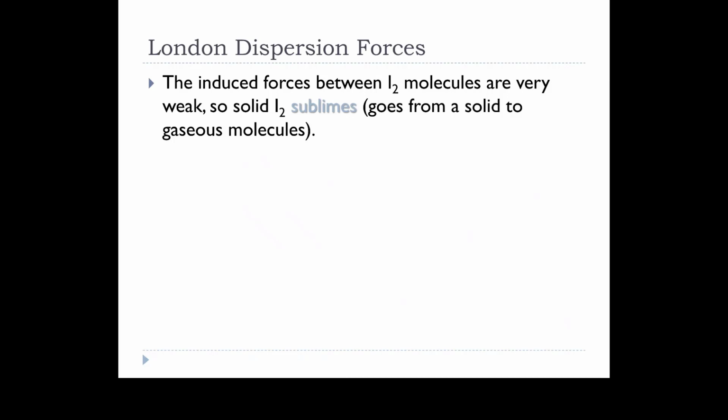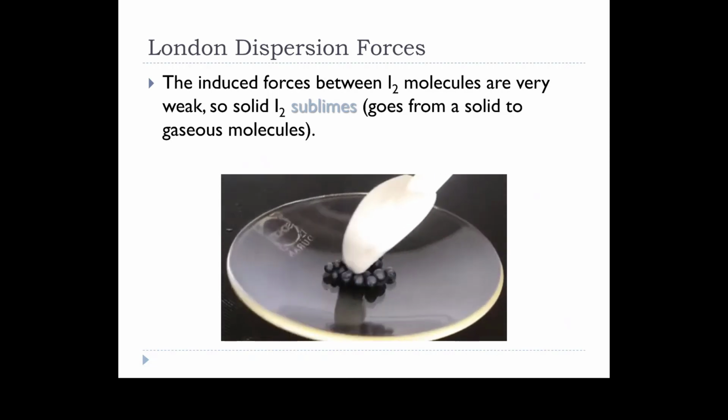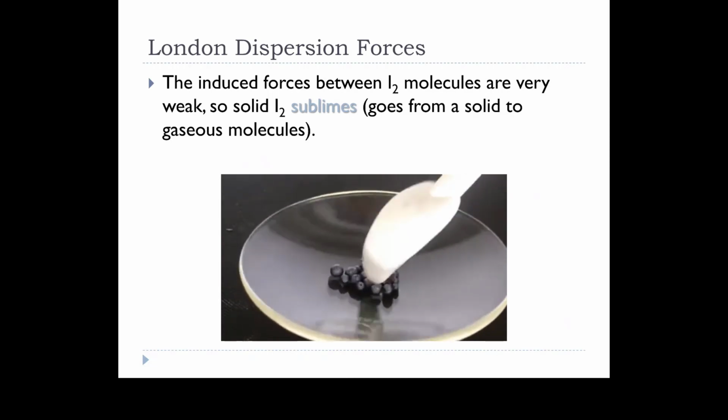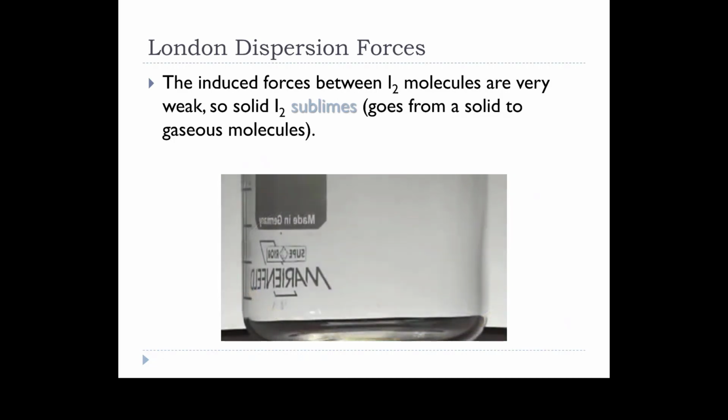But as soon as we apply a little bit of energy and we overcome those intermolecular forces, which are not hard to overcome because it's just induced dipole forces, there's nothing else there, they're not chemically bonded other than I2s here separate and I2s here. So they can go directly into the gas phase, and that's called sublimation. We go from solid to gas.